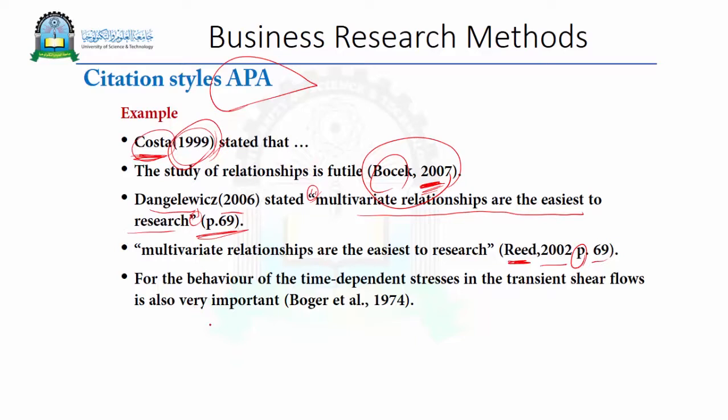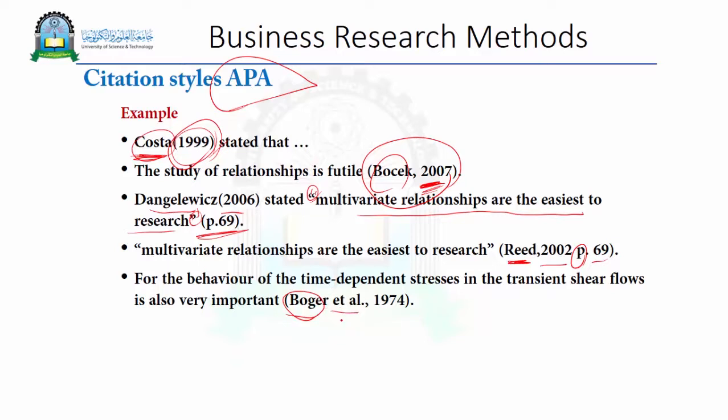If you are going to cite a work done by many authors, if it's two, you mention the family name of the first one and the family name of the second one. If it's more than two, you write the family name of the first author, and then et al., which means and others.